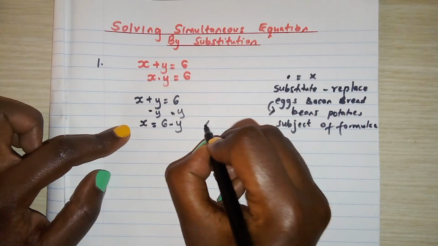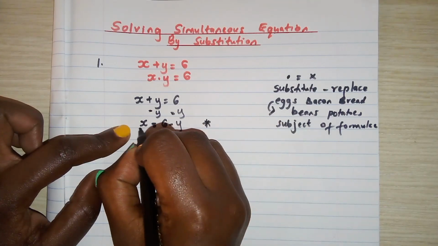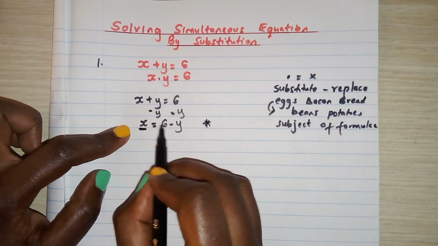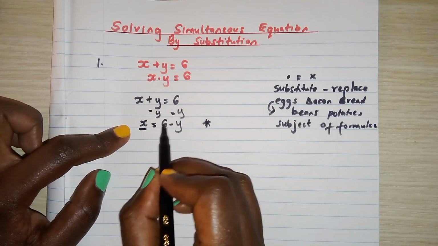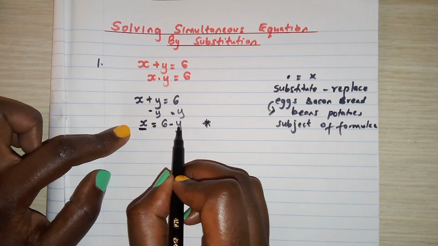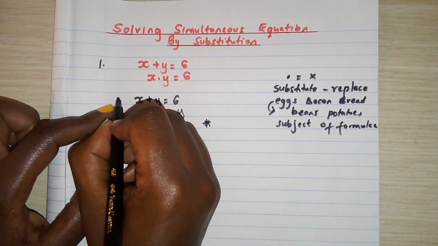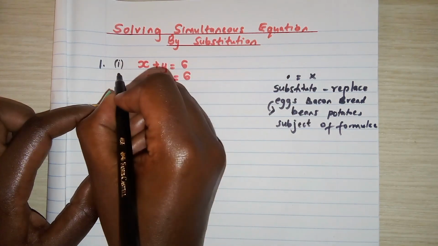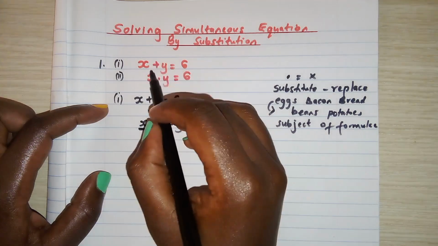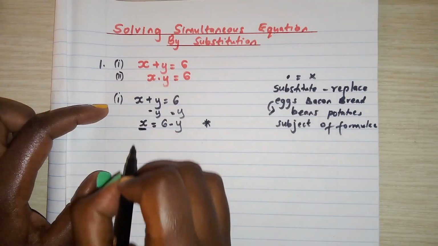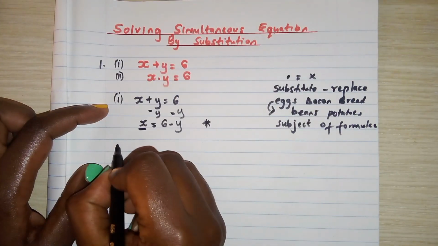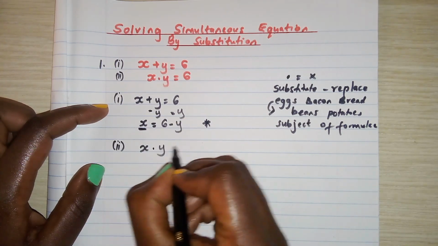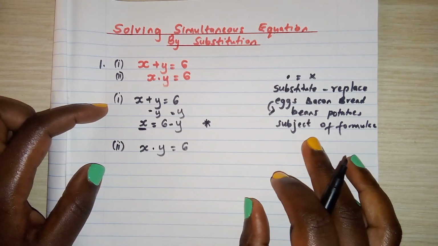Now I'm going to substitute this x value. Instead of using x, I'm going to use this value, x equals 6 minus y. Whatever value we got in the first equation, we substitute it in the second equation. In the second equation, you have x times y equals 6.